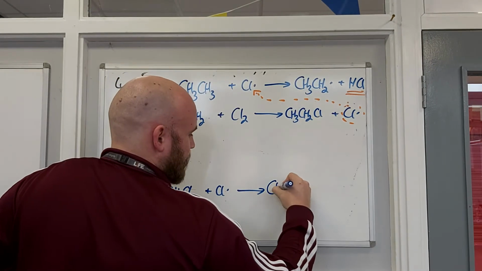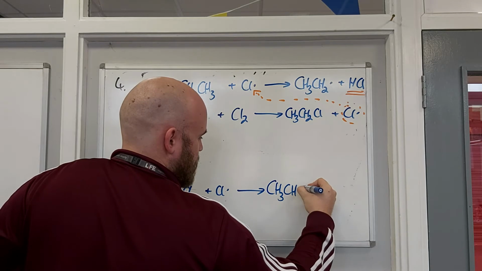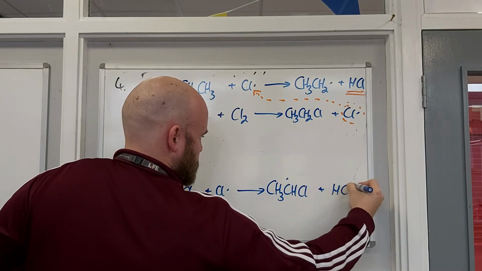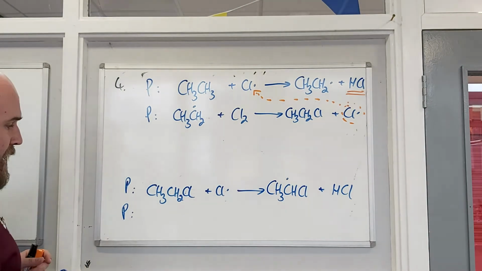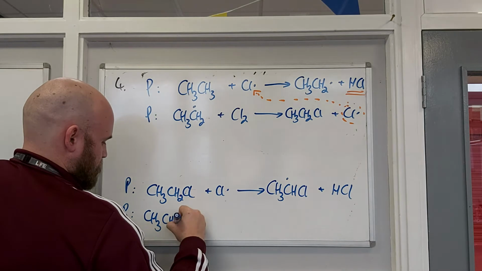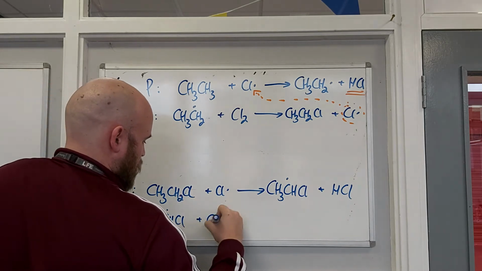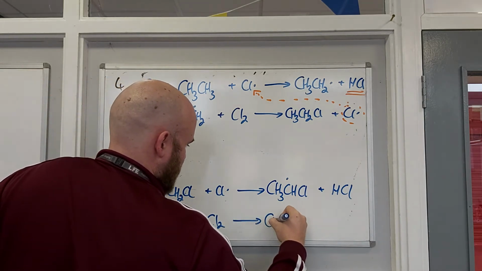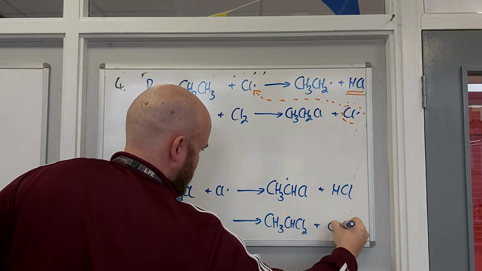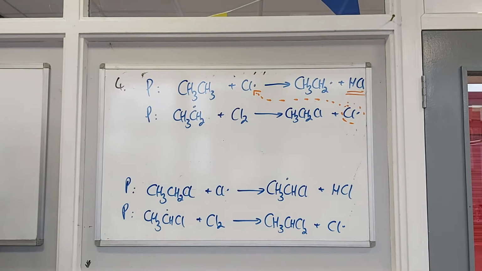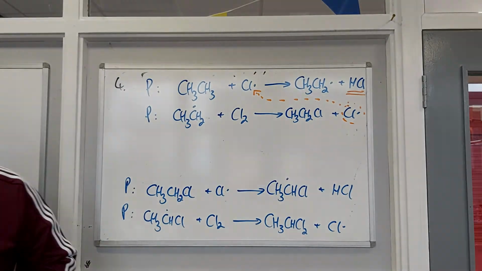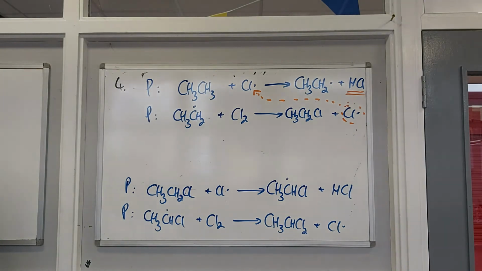So it'll look like that, very good. And then this radical here can react with more chlorine to make that and regenerate the chlorine radical. So I've ended up with 1,1-dichloroethane there, which is what was asked of me.